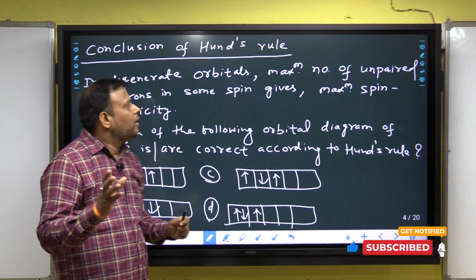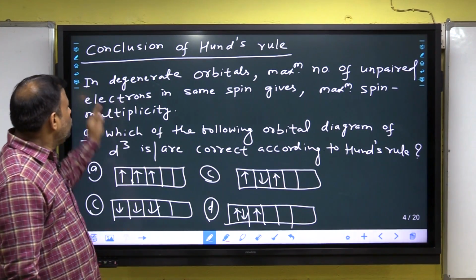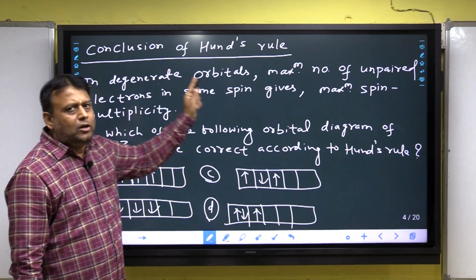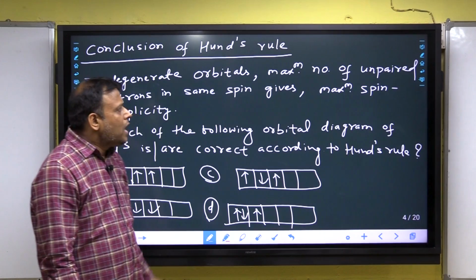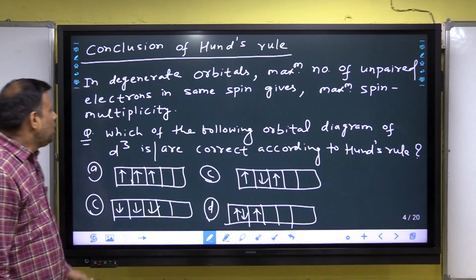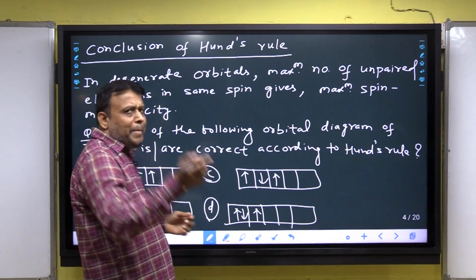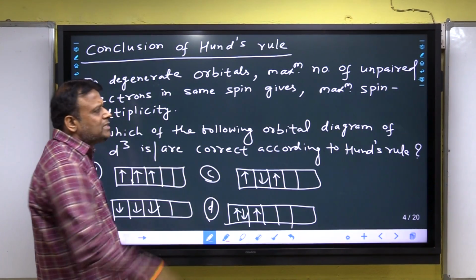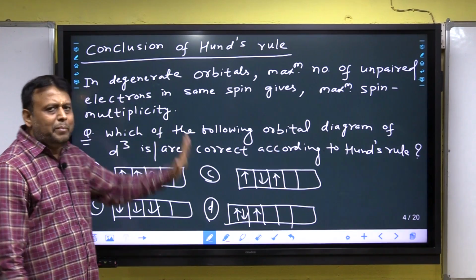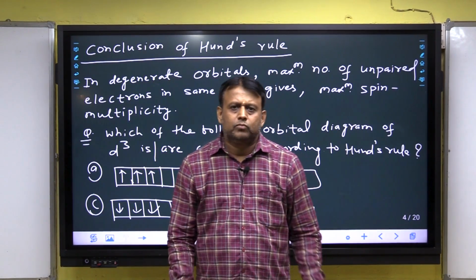Conclusion of Hund's rule. The conclusion is: in degenerate orbitals, the maximum number of unpaired electrons in the same spin gives maximum spin multiplicity. I am repeating.